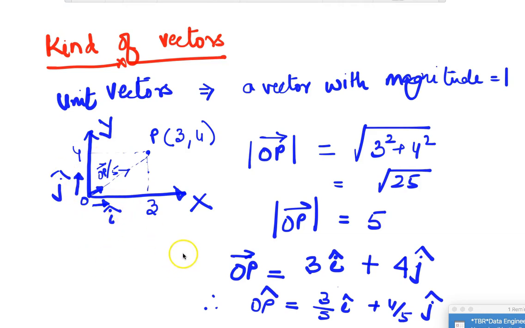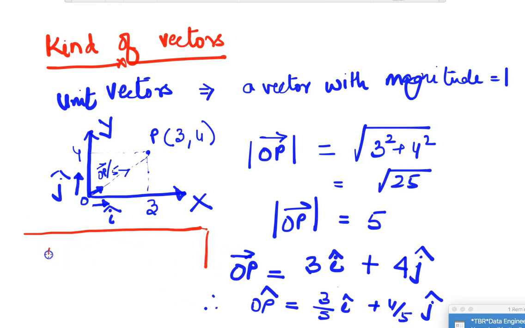We also saw an important concept that the magnitude of an OP vector is nothing but the square root of 3 square plus 4 square. So what does that signify?